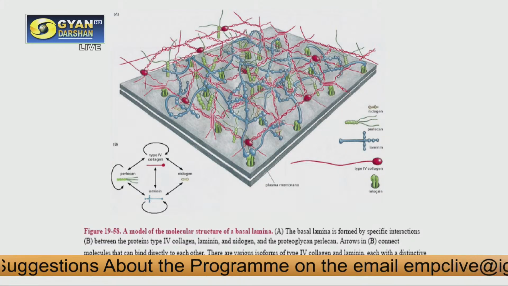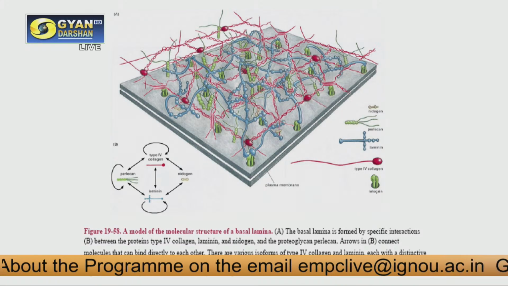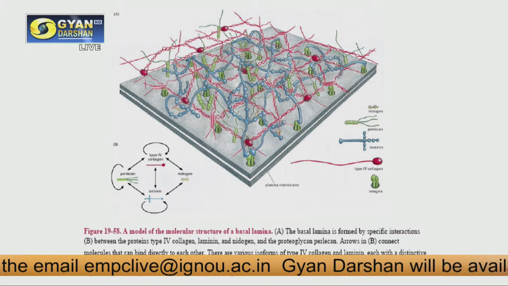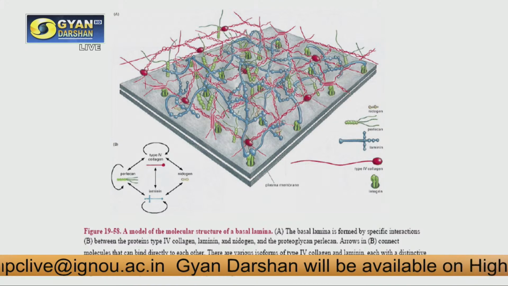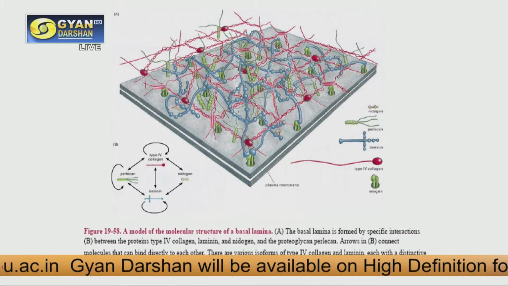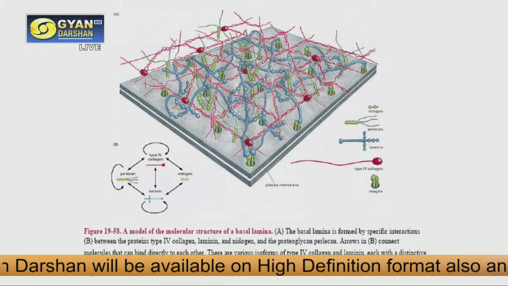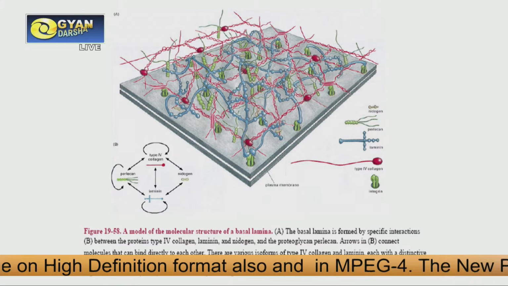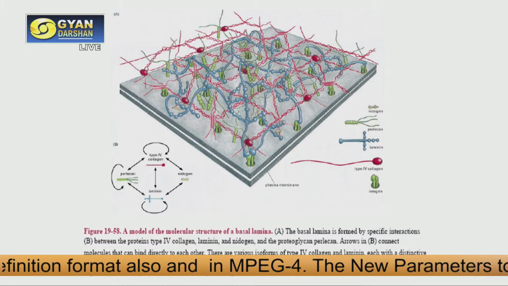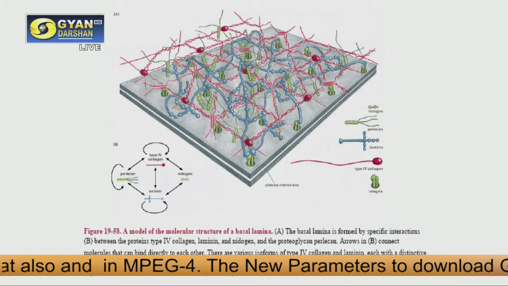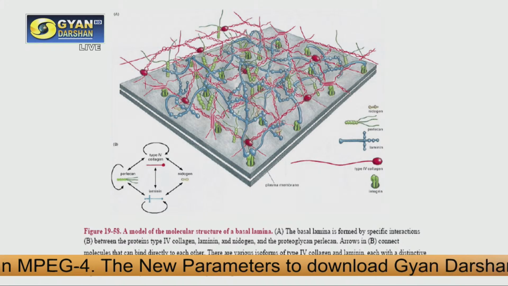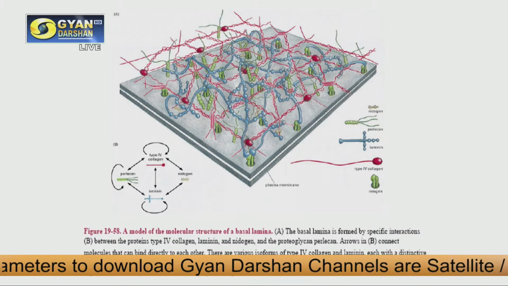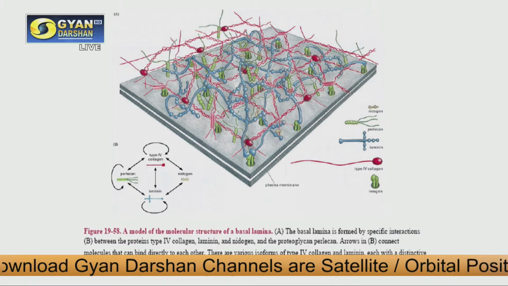So, this is actually the structure, you can say, of a basal lamina. You can see from the diagram there are so many components, so many interactions, so many proteins involved. Like I said, type 4 collagen, laminin, then another protein called nidogen, then the proteoglycan perlecan.